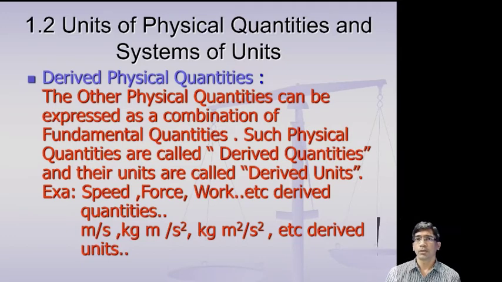Now the units of these quantities: for speed it is meter per second. For force it is mass into acceleration, that is kilogram meter per second square. For pressure we take Newton per meter square. For work we take force into distance, that is Newton into meter. So these are derived quantities, and their units are derived units.